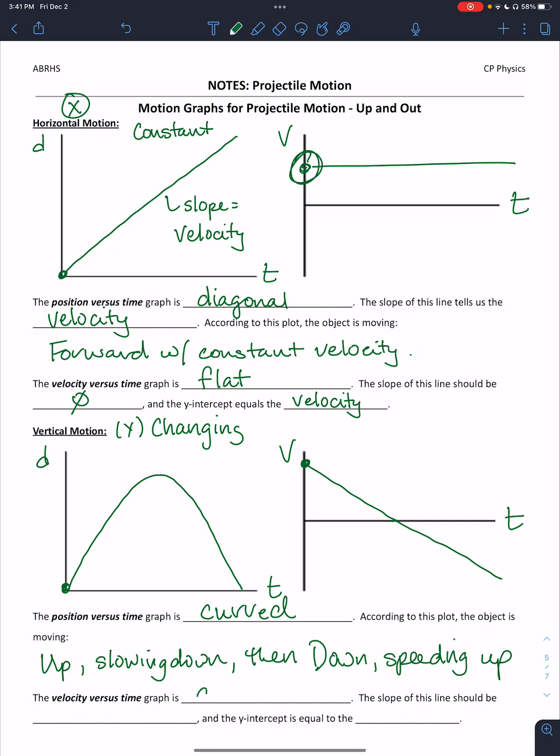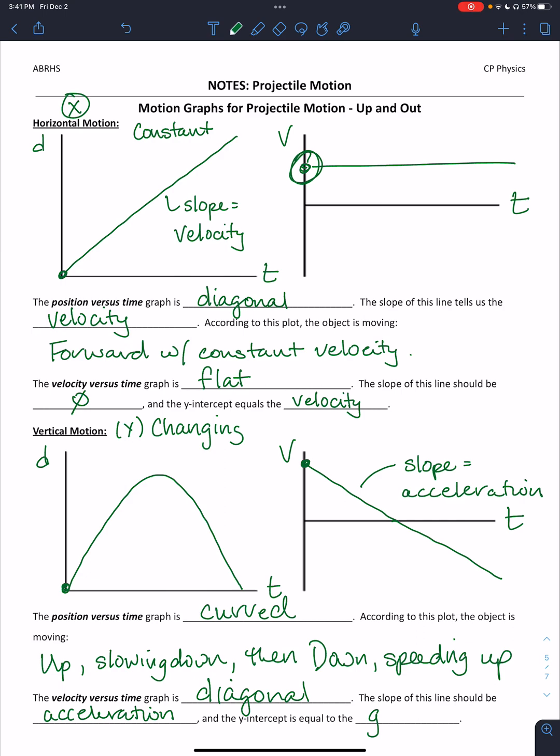So we get a diagonal, and the slope here is again equal to our acceleration, and we know that that acceleration should be equal to gravity.